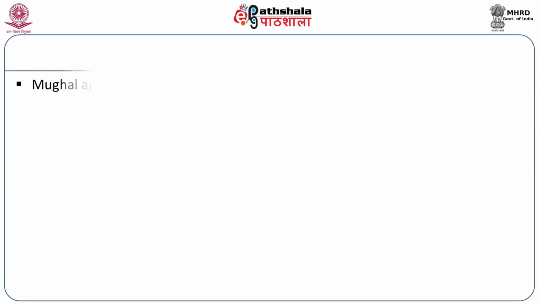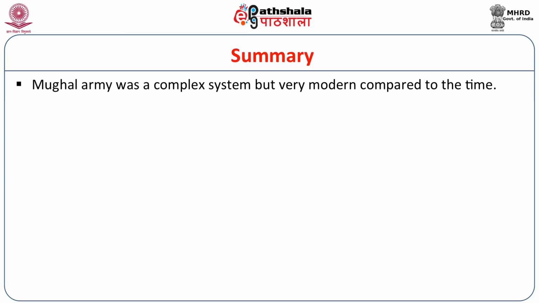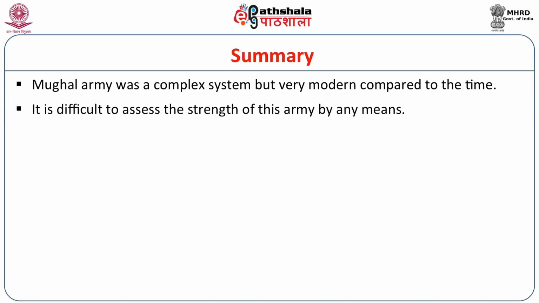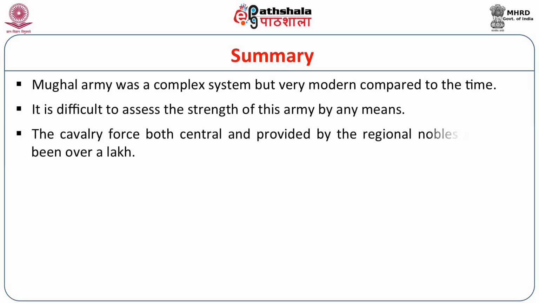Now let us summarize what we have discussed in the module. The Mughal army was definitely a complex system but very modern compared to the time. It is difficult to assess the strength of this army by any means. The cavalry force, both central and provided by the regional nobles, must have been over a lakh.